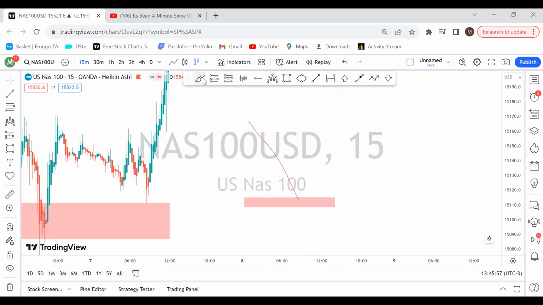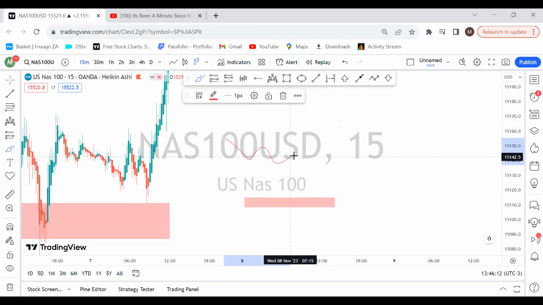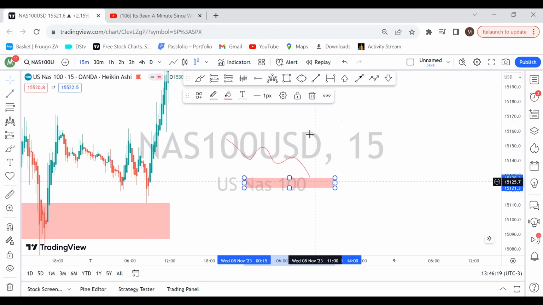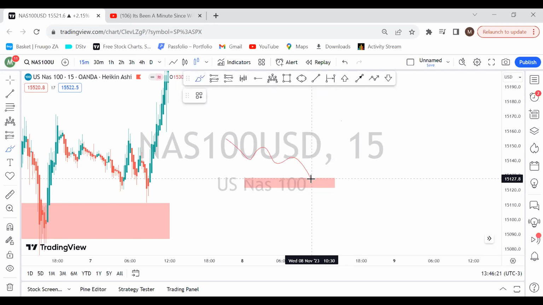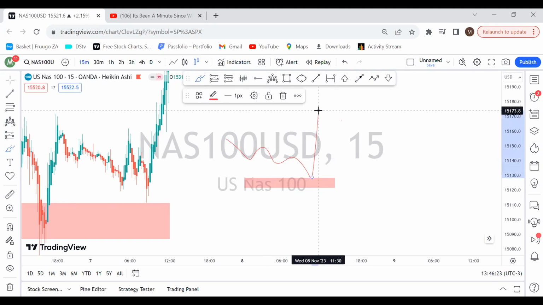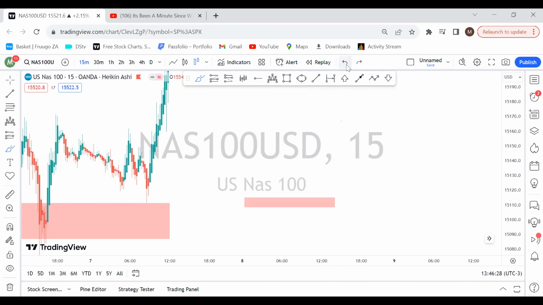It could get there as an impulse and then reverse to the opposite direction, or the price could get there correctively and just form some kind of correction and then go back up. So those are the two ways the price would get to your third touch or your entry point.